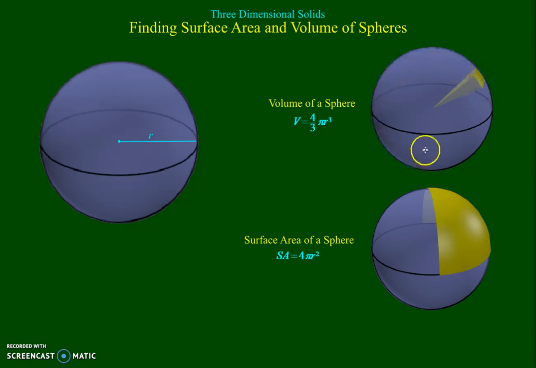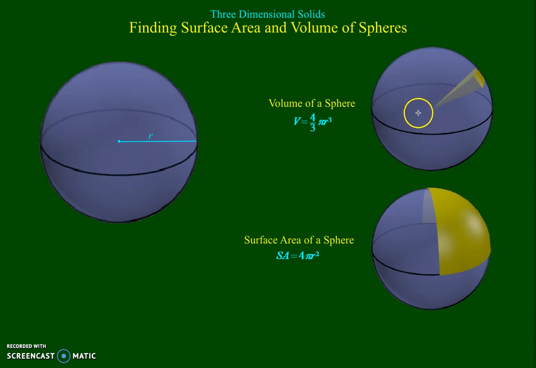If I were to transform this sphere into a bunch of pyramids, then we could approximate the internal volume of this sphere by the volumes of these pyramids. And that forms the basis for a derivation of the volume of a sphere.